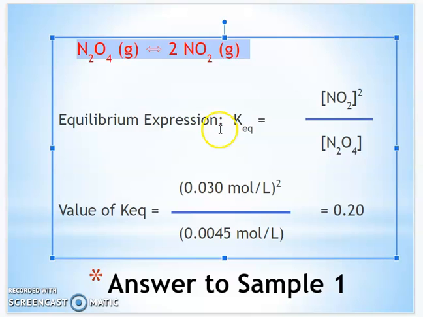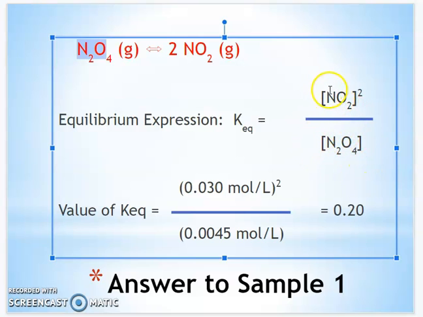Our equilibrium expression is going to look like this. Can't really highlight it very well, but it looks like this because, again, your equilibrium expression is written products over reactants. NO2 is your product here, and reactant, so there's only one in this case, that's your dinitrogen tetroxide, and that goes down here.